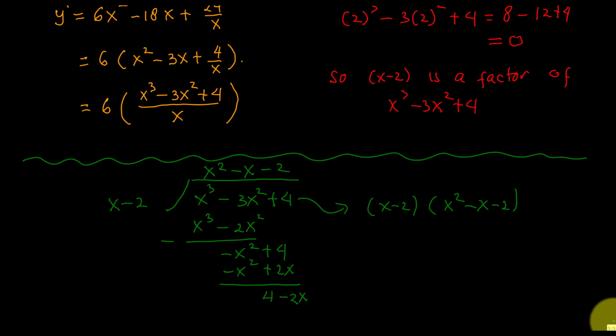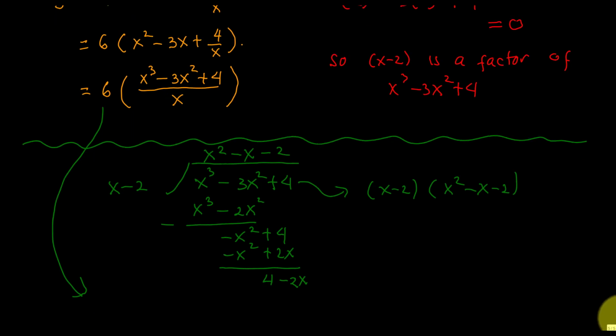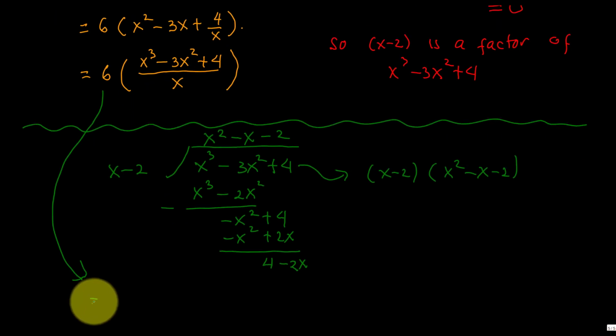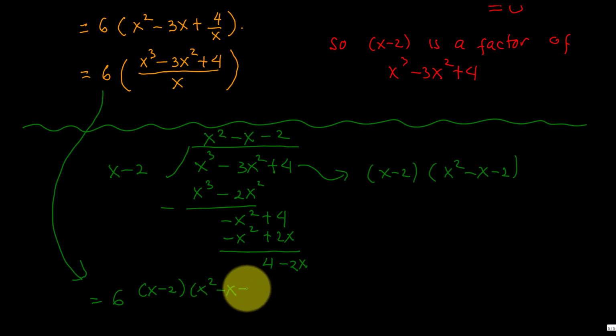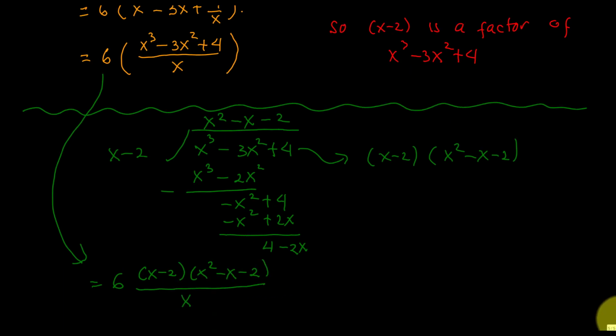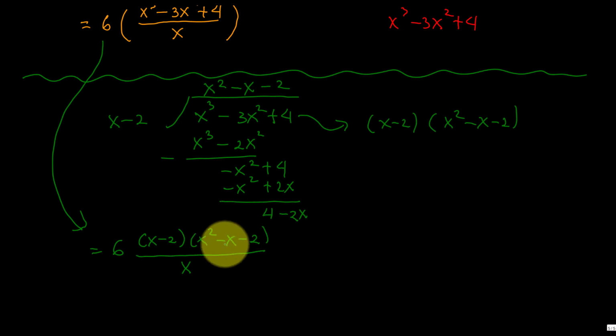So let's continue. That is equal to 6 times, we factor the numerator as x minus 2 times x squared minus x minus 2, over x. Now let us look at this quantity.